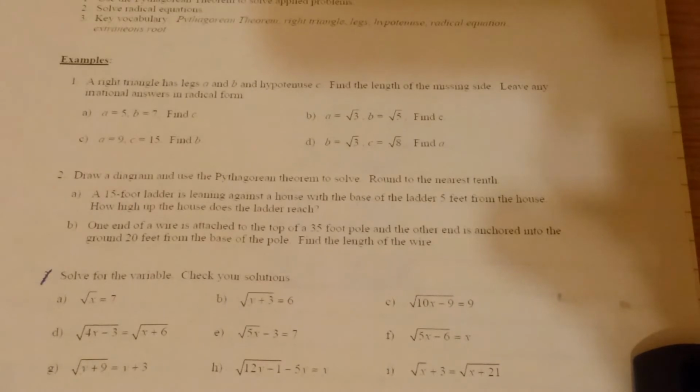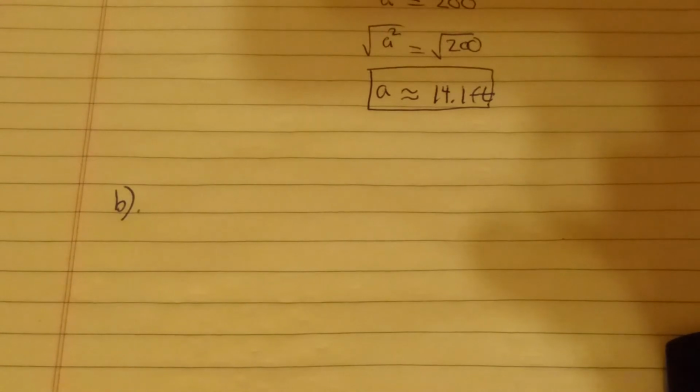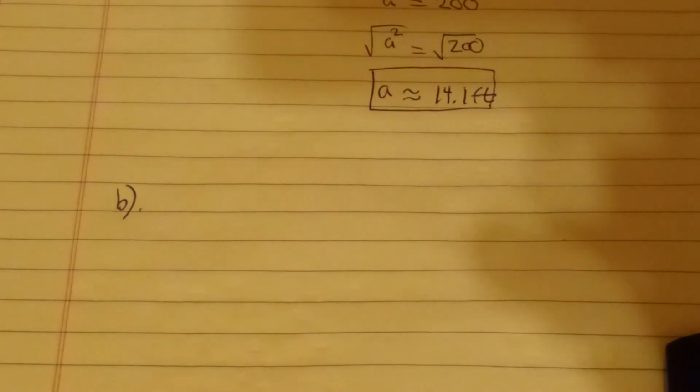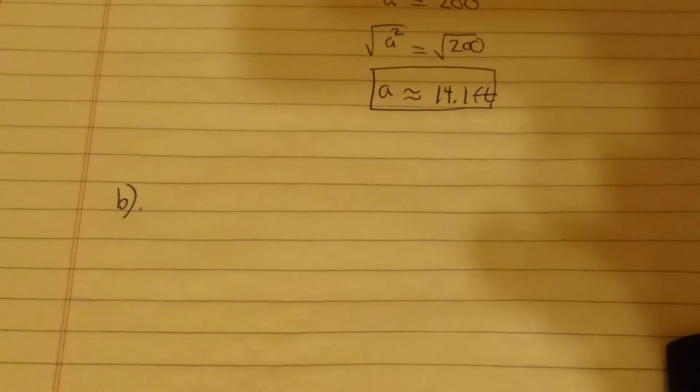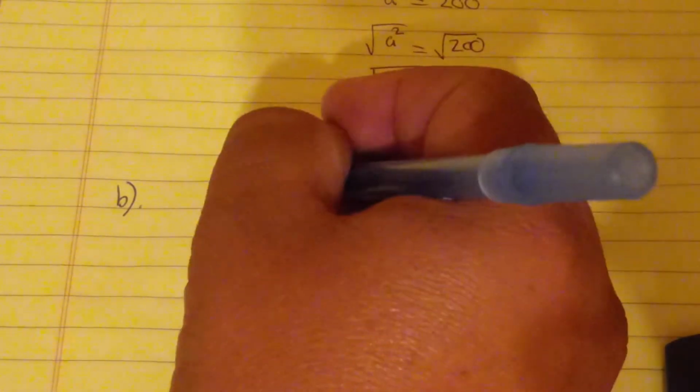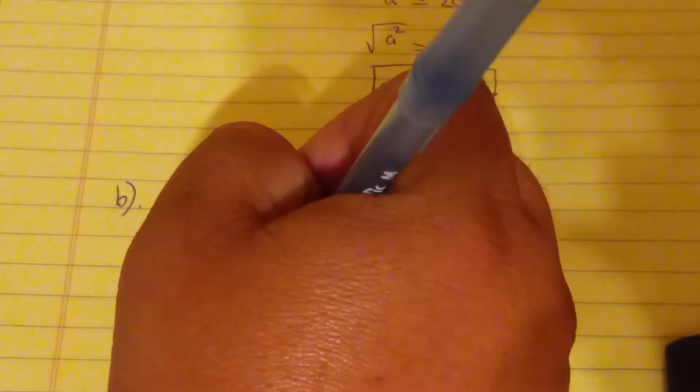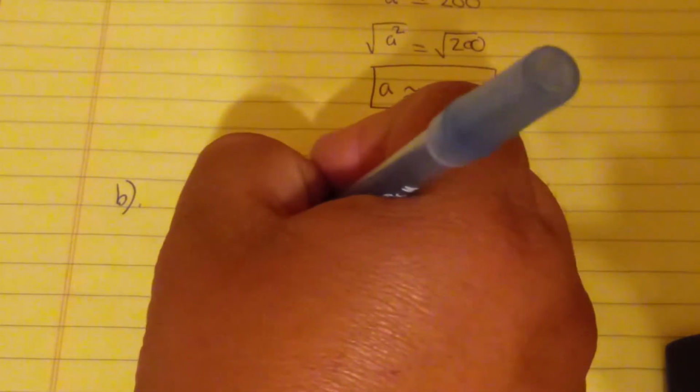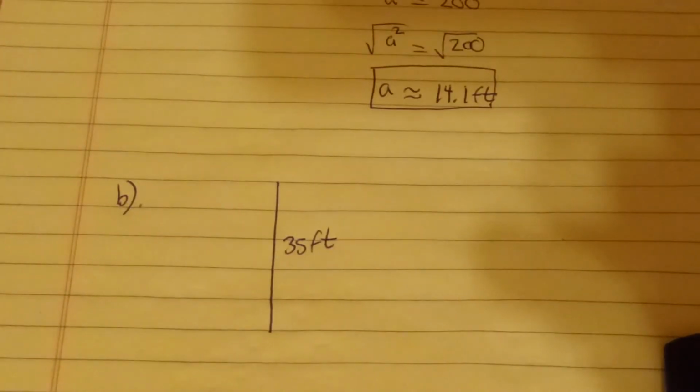All right, so let's draw ourselves once again a diagram. And once again, the diagrams are very useful here. It says one end of the wire is attached to the top of a 35-foot pole. So we're going to assume that this is our pole, and it's 35 feet. And it's telling us that the other end is anchored 20 feet from the base of the pole.